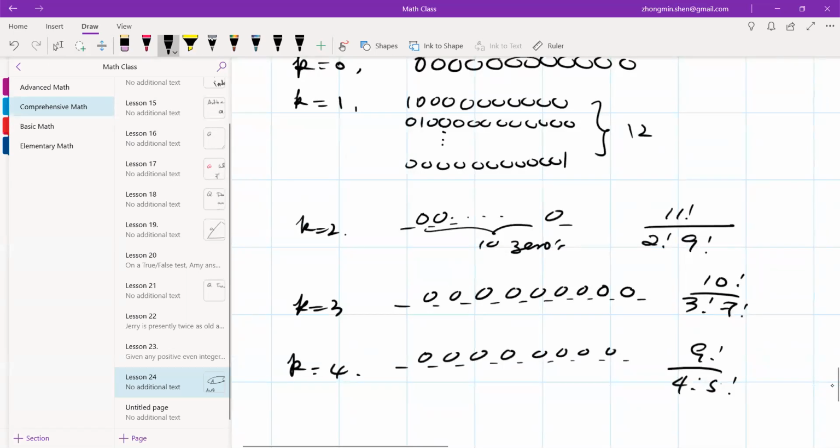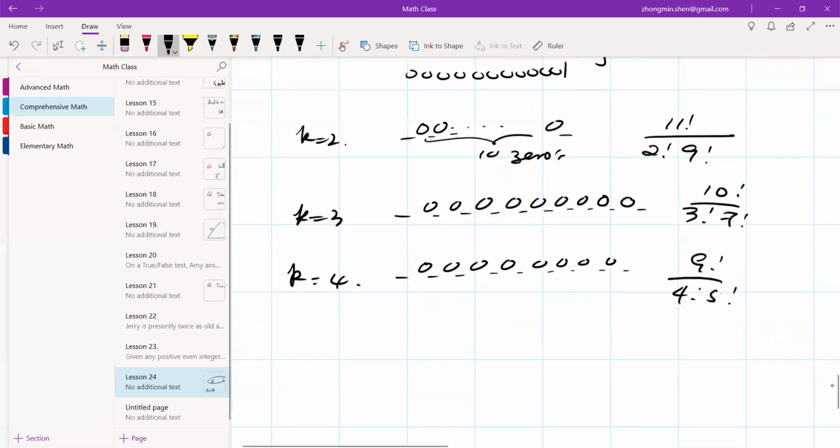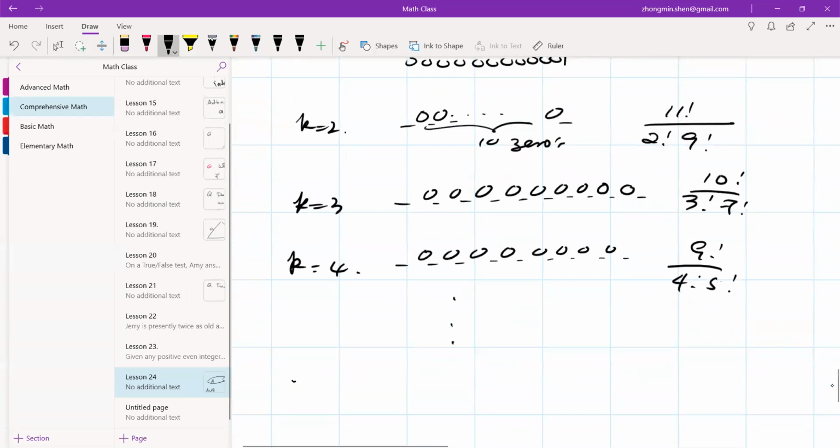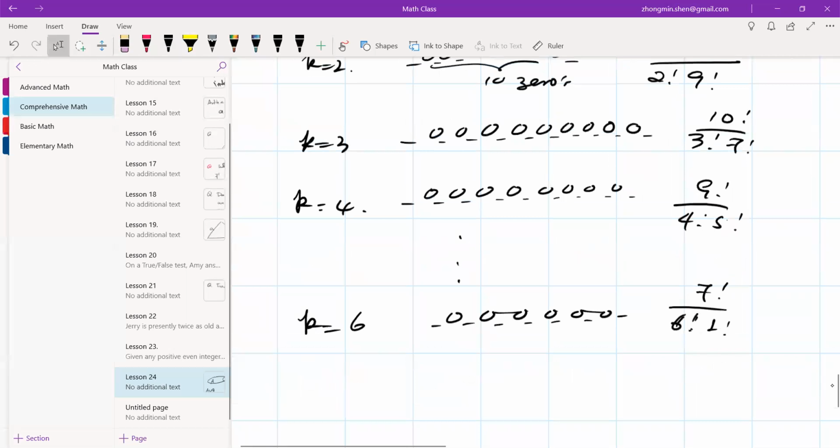Eventually, when k equals 6, you have 6 zeros left. For 6 zeros, you have 7 places, and you can put 1 there. So this is going to be 7 factorial over 1 factorial, 6 factorial. So my answer is just add them together.